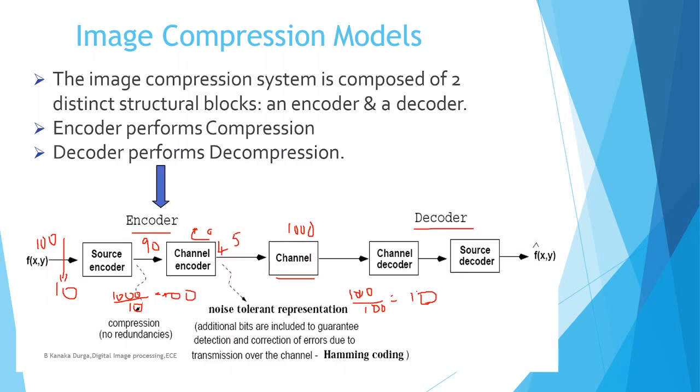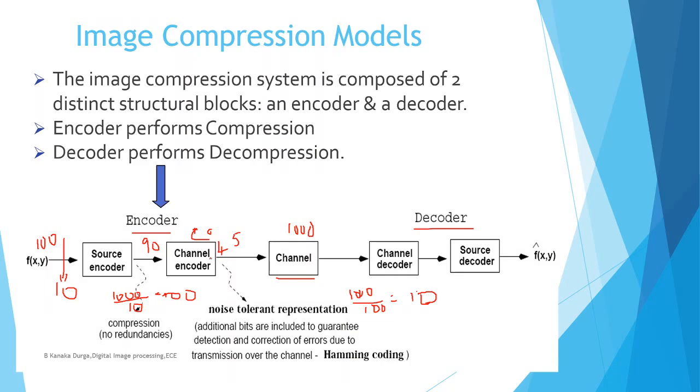The channel decoder does the exact reverse operation of the channel encoder. Suppose I have applied Huffman coding, I have to apply the reverse process of Huffman coding. If I have applied Hamming coding in the channel encoder, I have to go for the reverse process of Hamming decoding. Whatever technique we applied at the channel encoder, the same technique we have to apply in the decoding session.